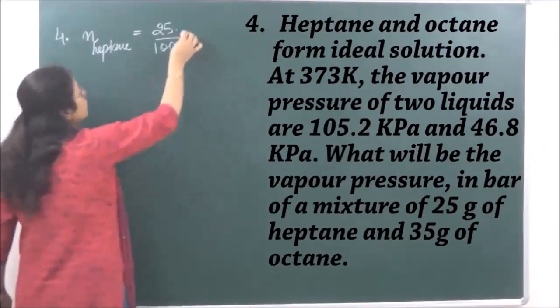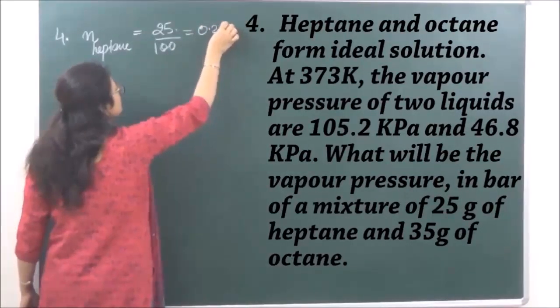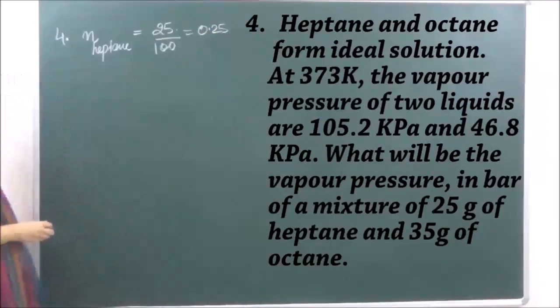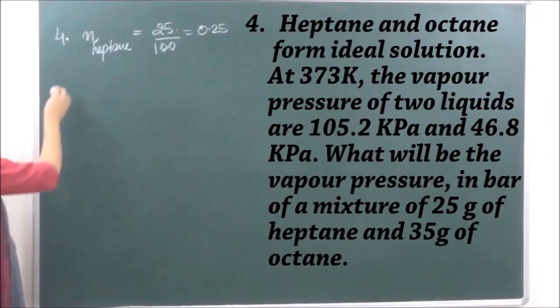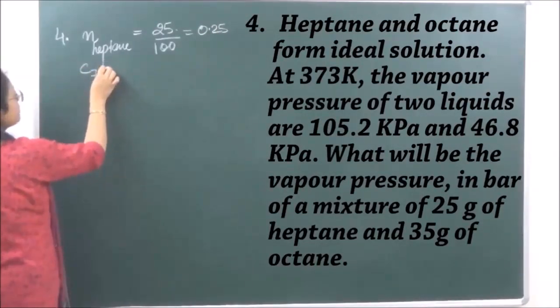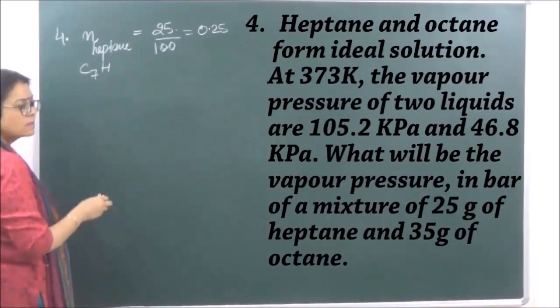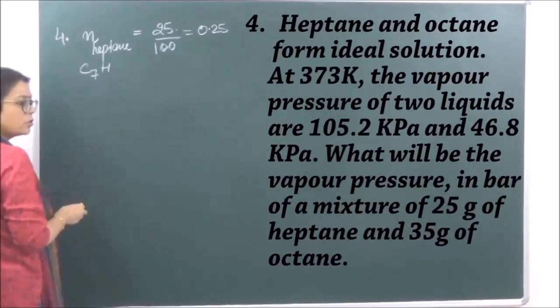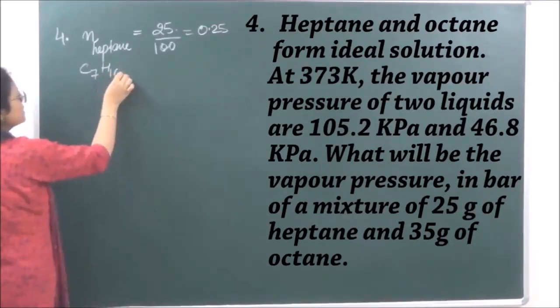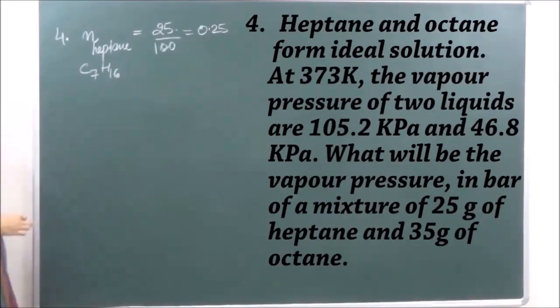What is going to be the formula for heptane? C7H16. 2n plus 2, so that is going to be 16. So does this come to 100? 7 into 12 is 84. 84 plus 16 is 100.